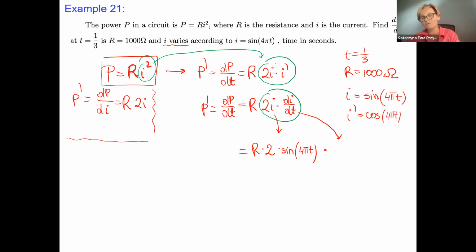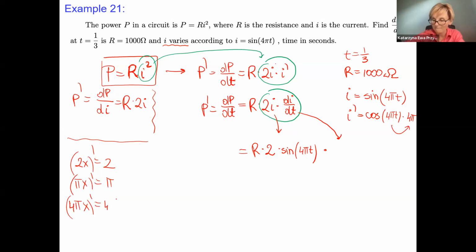That means the derivative of sine of 4 pi t is cosine of 4 pi t times the derivative of the inner quantity. The derivative of 4 pi t, t is the variable, is 4 pi, like the derivative of 2x is 2, the derivative of pi x is pi, the derivative of 4 pi x is 4 pi.